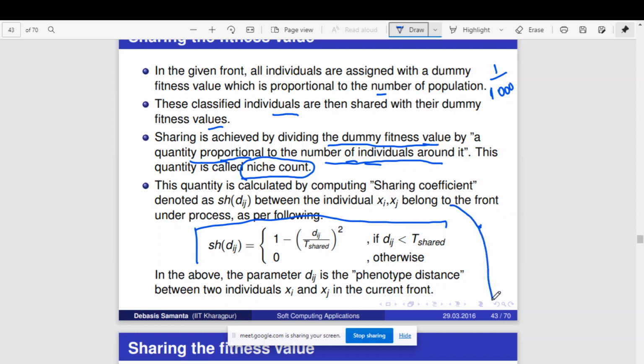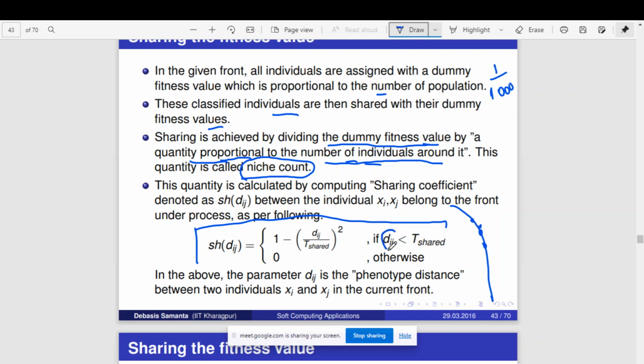If this is the non-dominating front, then for this individual, how many are in the neighbors, that is dij, divided by sigma share, the whole square, and we do 1 minus that. So it is some manipulation of that value.